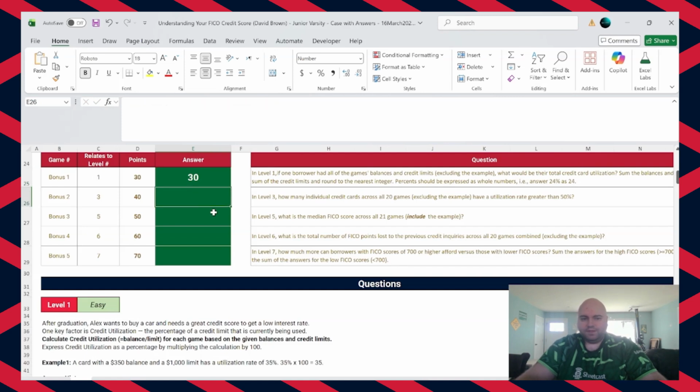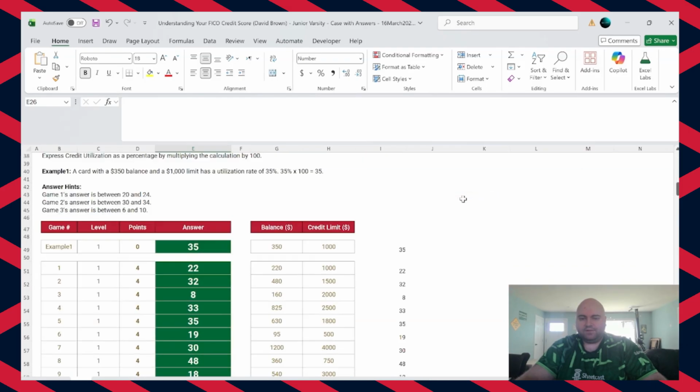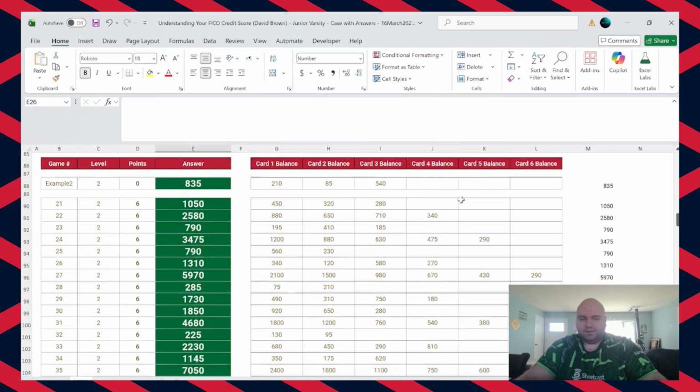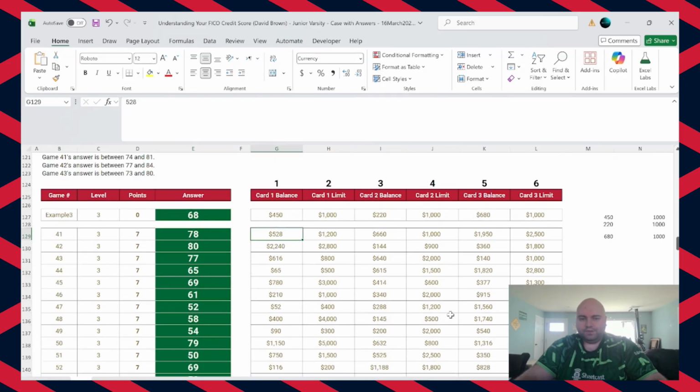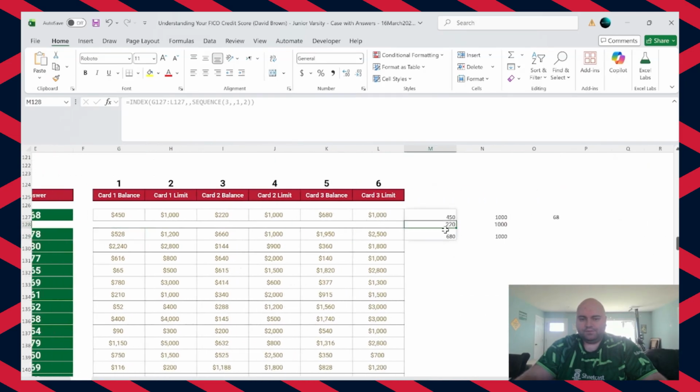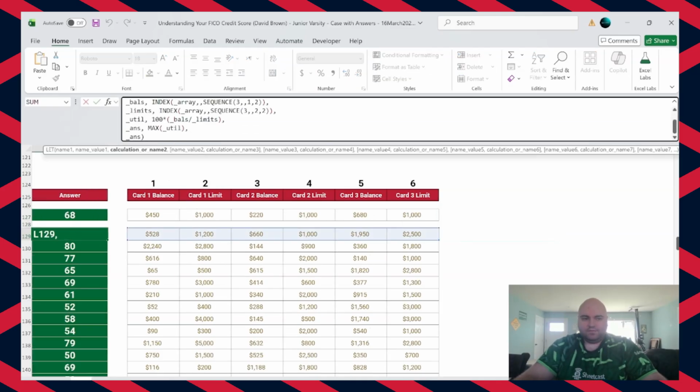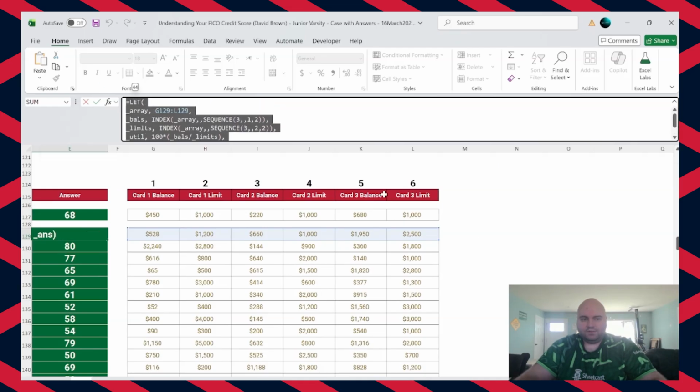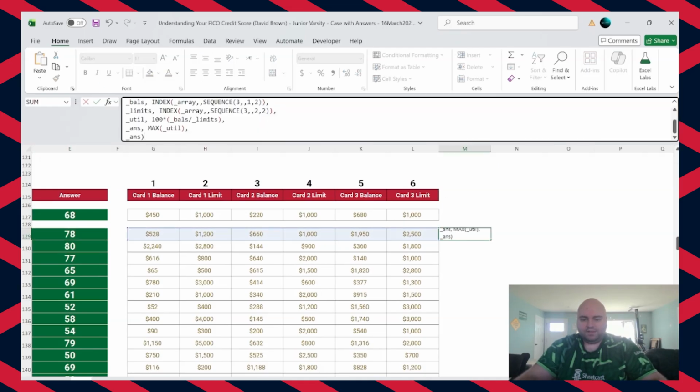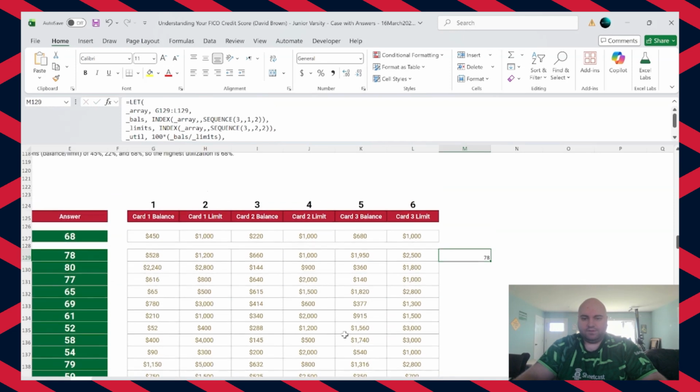All right. In level 3, how many individual credit cards across 20 games have a utilization rate greater than 50%? This is level 3, and we care about how many of those cards have greater than 50%. Okay, so let me clear that out of the way. Well, we know what the utils are. Let's go ahead and put this outside here. We're excluding the example, right?